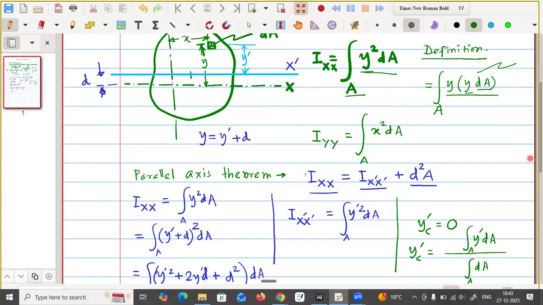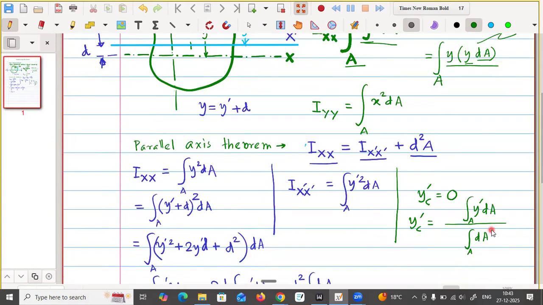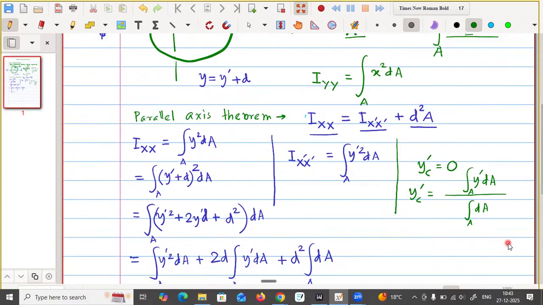That is the definition of centroid from any axis or about any axis. Now, this area cannot be 0. This denominator area has some positive value. Means here we are considering definitely positive value. Therefore it is A. That means this is A.